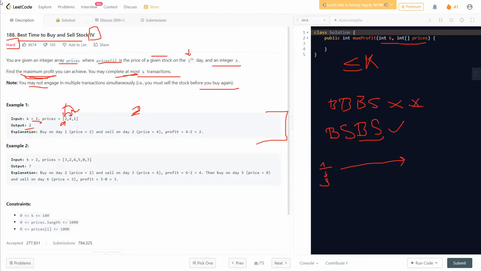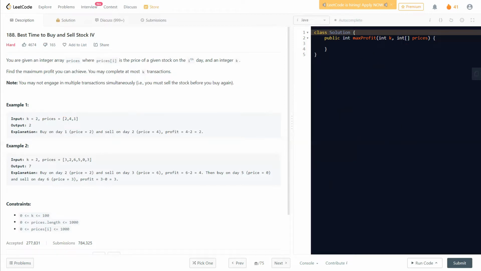Fine. Let me just erase this totally. And now, let's go ahead with this example. Fine, so let's take a timeline. This is a timeline for us. And we are at day 1 with price 3, and then our price decreases to 2. Fine, so that's day 2.